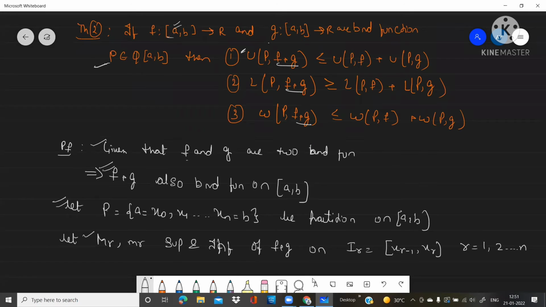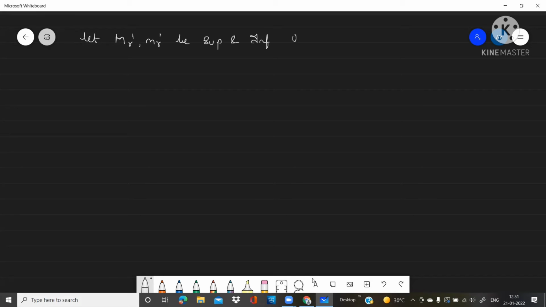Now we will talk about its derivatives. Let capital MR dash, small mr dash be the supremum and infimum of f on IR.